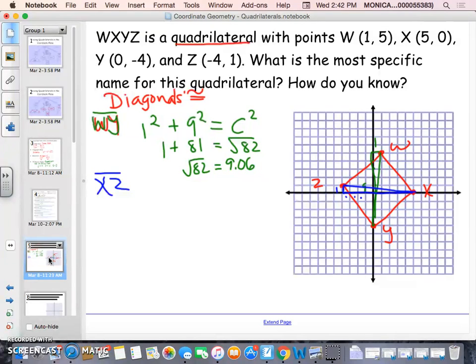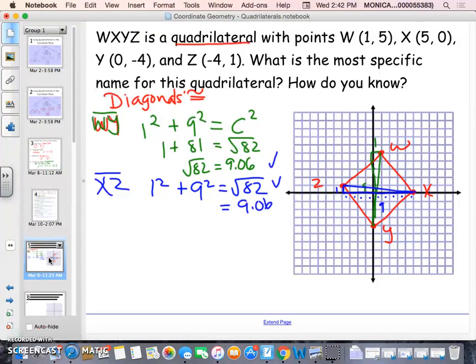So that's 1, 2, 3, 9. And just knowing that I'm using the same numbers, I know that 1 squared plus 9 squared is going to equal the square root of 82, which is 9.06. So check. The two diagonals are congruent in length.